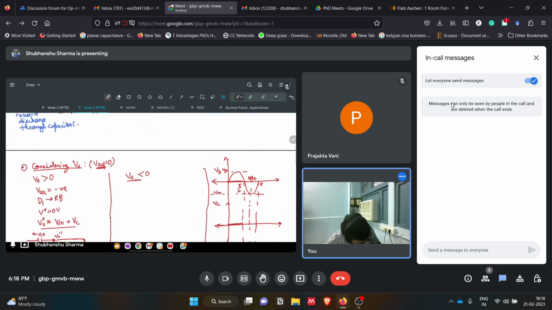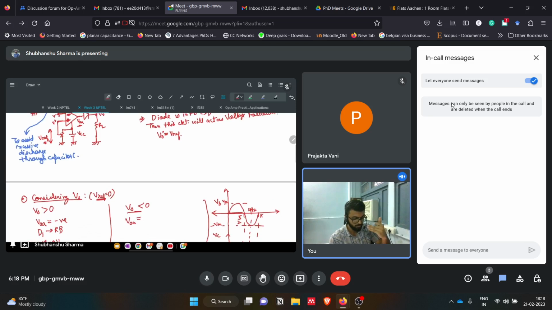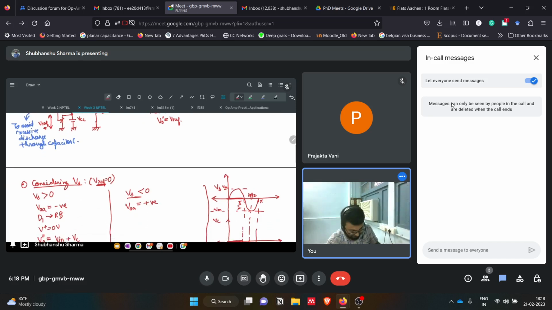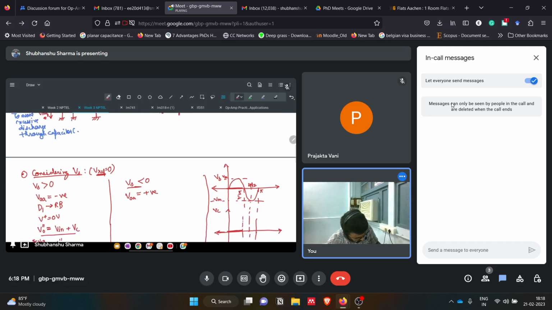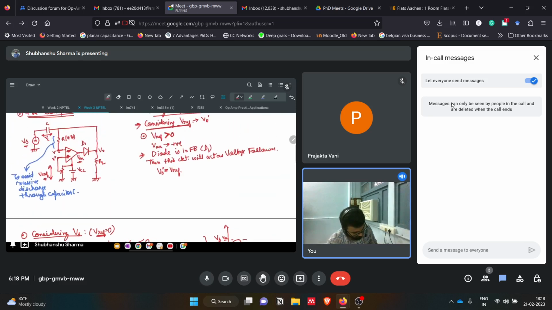This is simple, throughout these 2-3 weeks we are learning this. If the non-inverting terminal of the op amp is higher than the inverting terminal, then we get the positive output. So VO will be positive. That will make D1 forward biased.